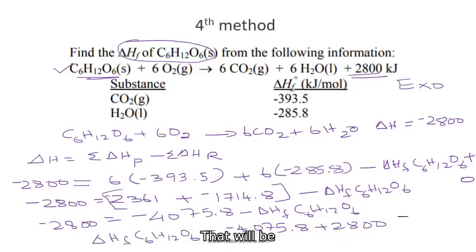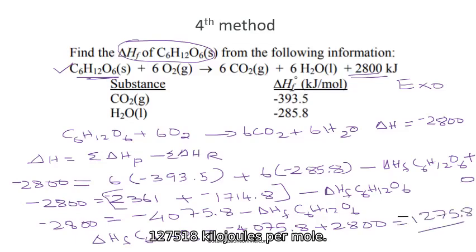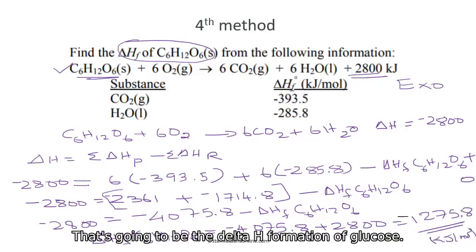That will be minus 1275.8 kilojoules per mole. That's going to be the delta H formation of glucose.